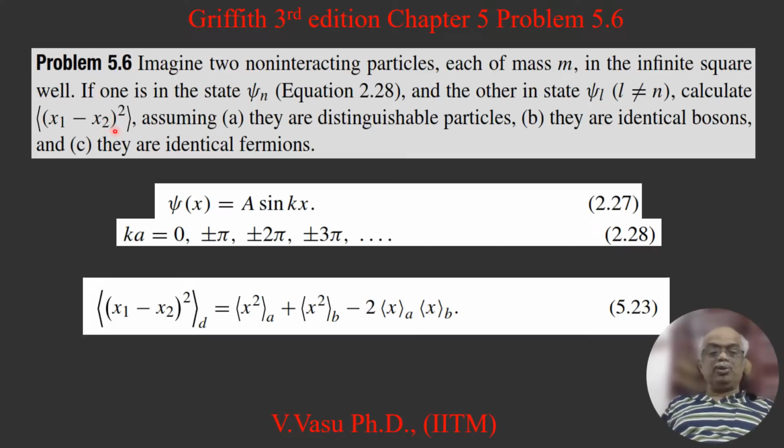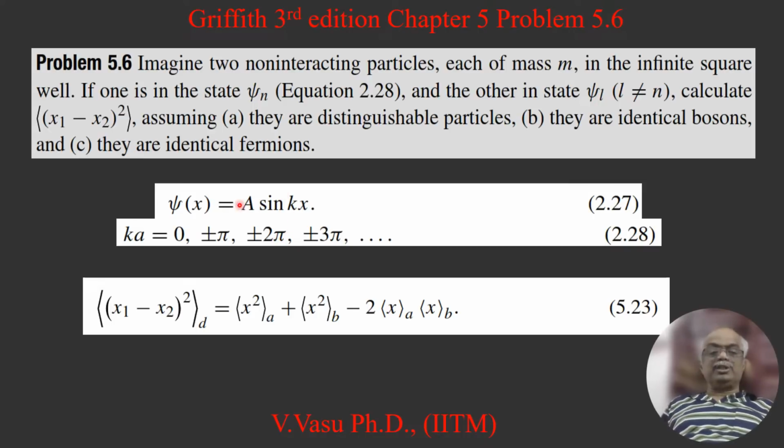assuming, first, part A, they are distinguishable particles, part B, they are identical bosons, and part C, they are identical fermions. So we have to solve this.